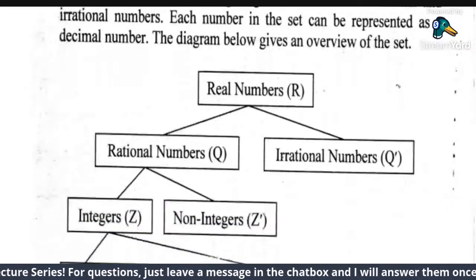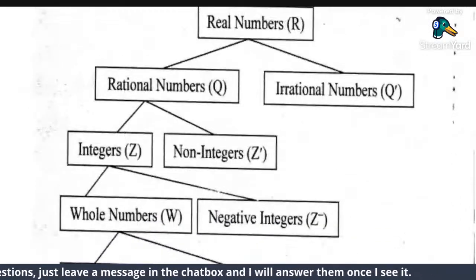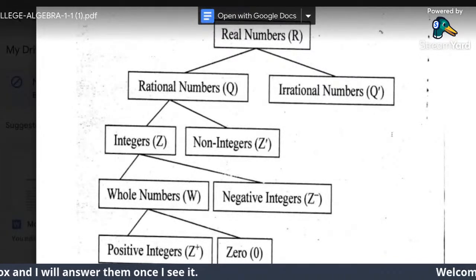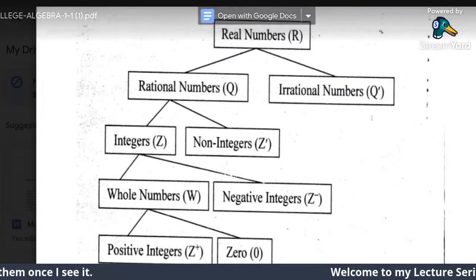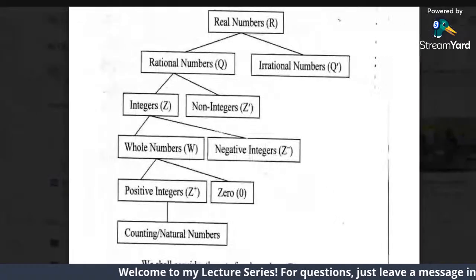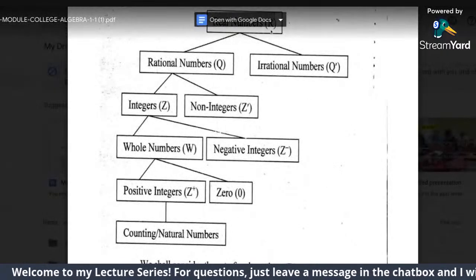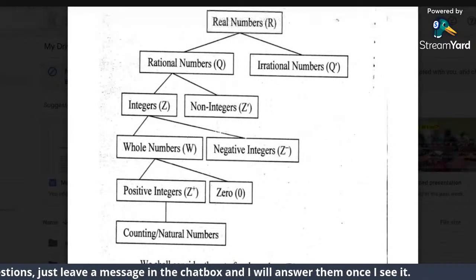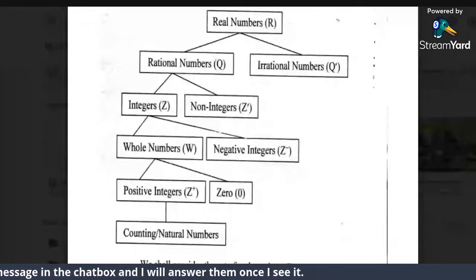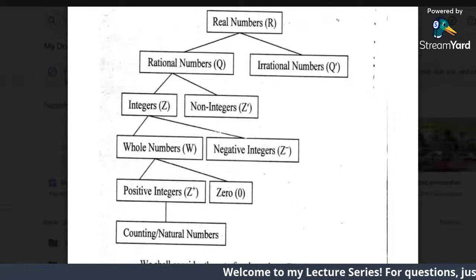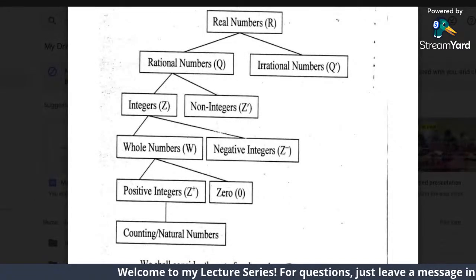So we have here our diagram below. Let's try to reduce that so we can see the entire diagram. There you go. Right. So we have here real numbers R, composed of rational numbers Q and irrational numbers Q prime. Under rational numbers, we have integers represented by Z and the non-integers, or Z prime.